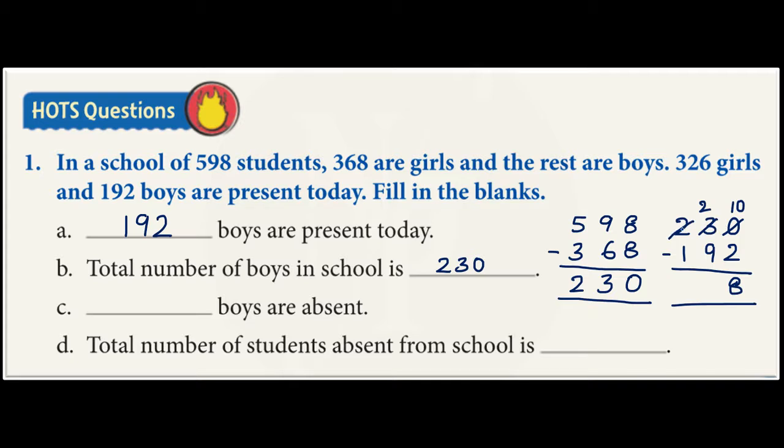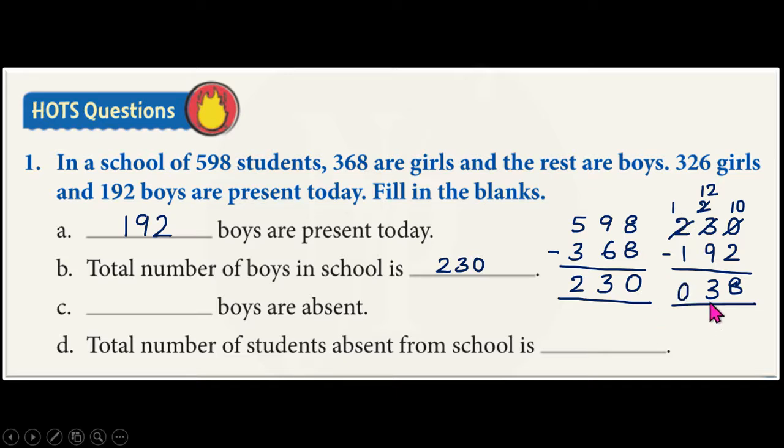We make this 2 hundreds as 1 hundred and borrow 100 to the tens column. Here it becomes 10 tens. 10 tens and 2 tens together become 12 tens. And now we subtract 9 tens from 12 tens. On doing so, we get 3 tens as difference. In hundreds column, we have 100 subtracted from 100 gives us 0.